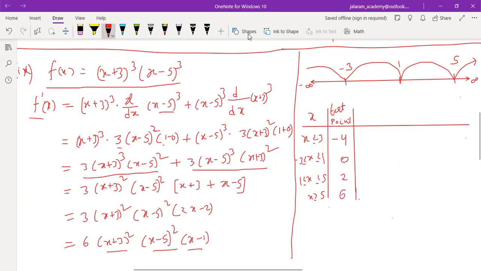Check for f dash x now, which is (x+3)^2, meaning in place of x we will use -4.